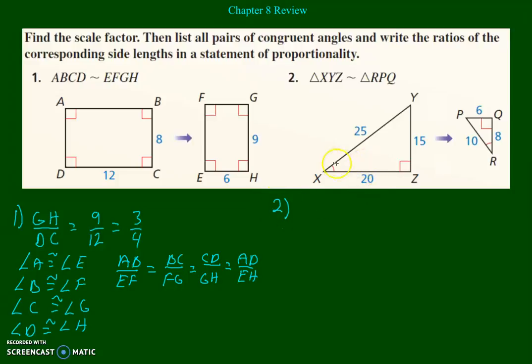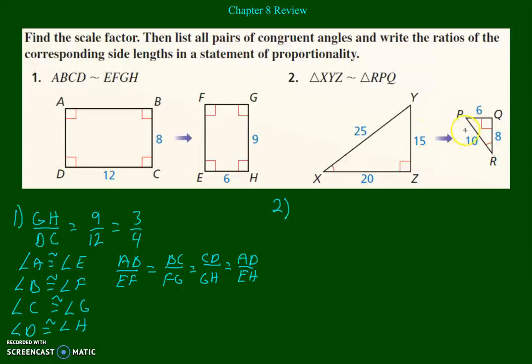In problem 2, we have 2 triangles, and in this case, our hypotenuse will be a good guide. We can use the hypotenuse because these are both right triangles, but we're also going to check it with our congruent statement just to make sure. So let's look at XY. XY is here, corresponds to RP here.